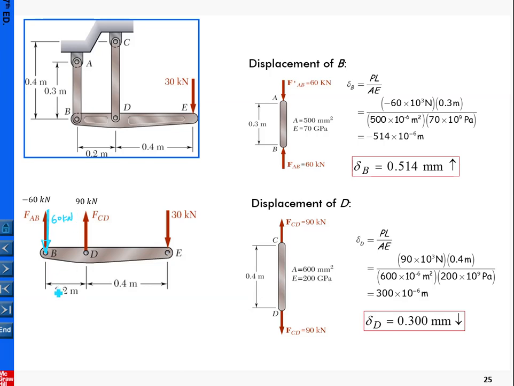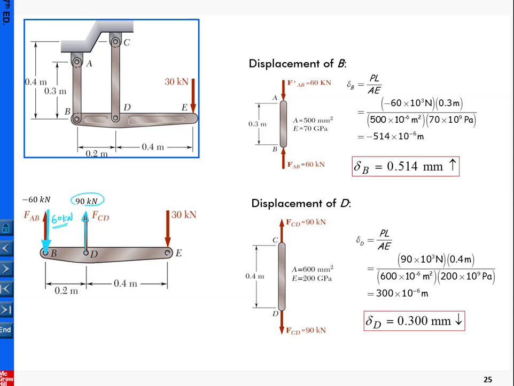I like to work with positive numbers, so it will be easier for the follow-up if you change the direction to point downward with positive numbers here. For this one, we keep the same, 90.